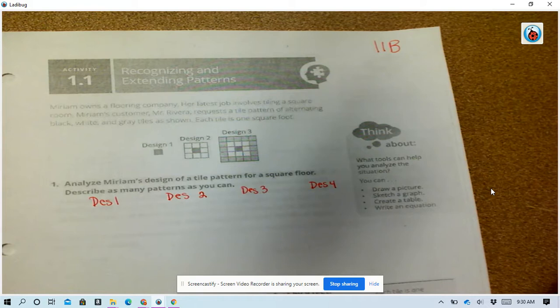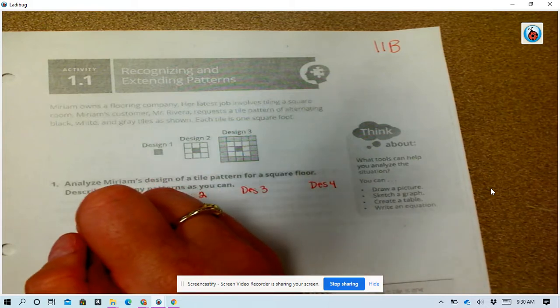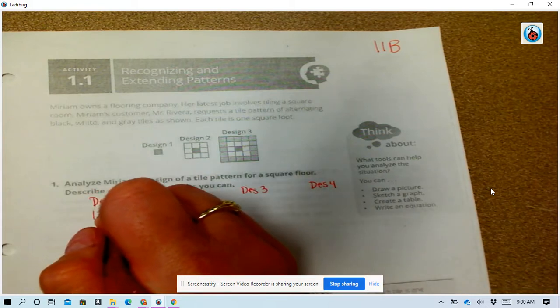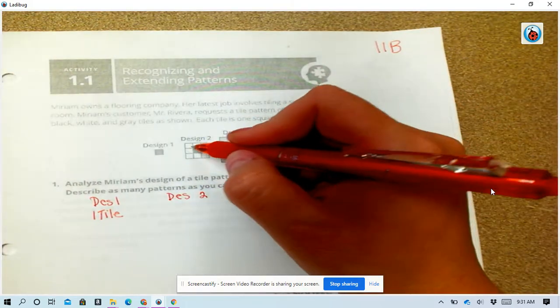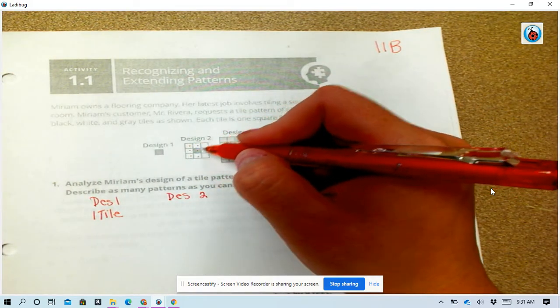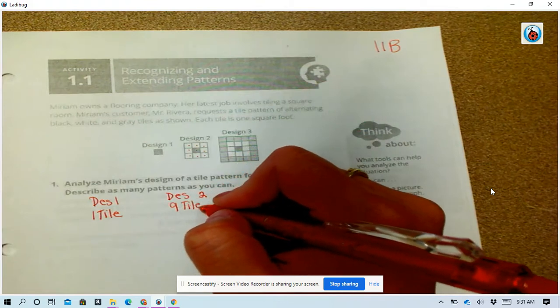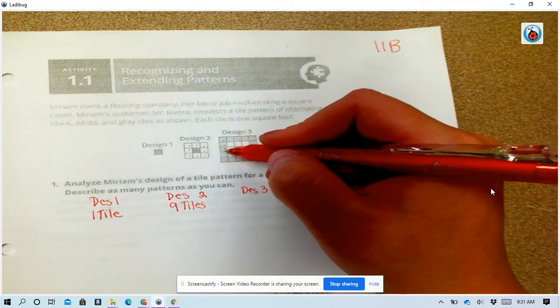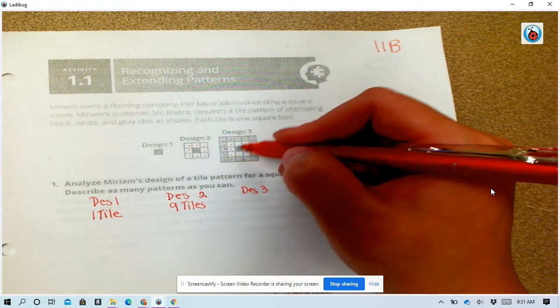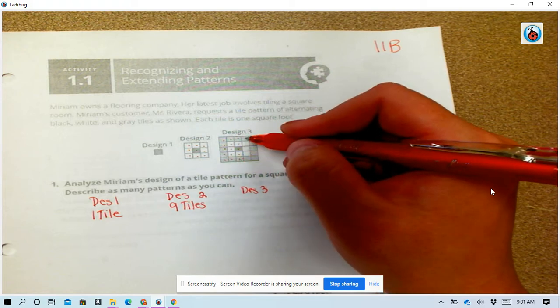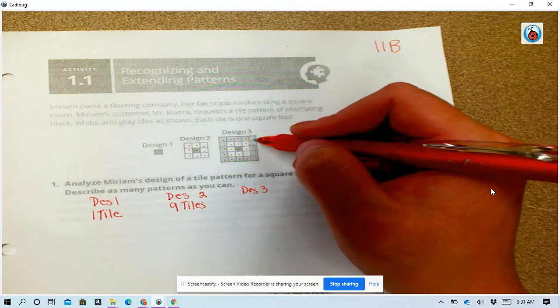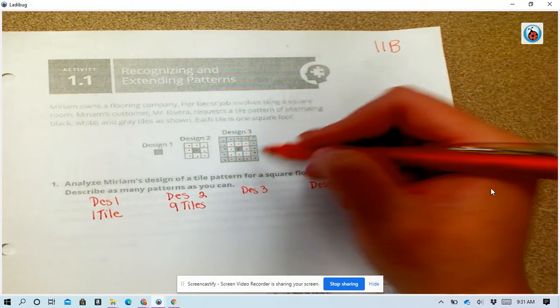So design number 1, I just said it had 1 block or 1 tile. Design 2 had 9 tiles. Design 3 had 25 tiles.